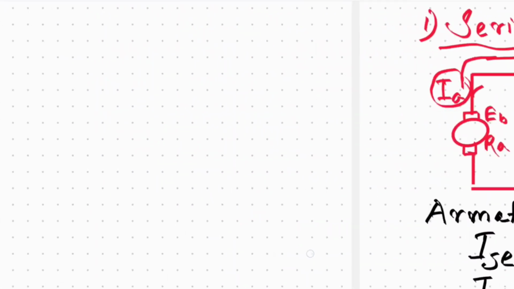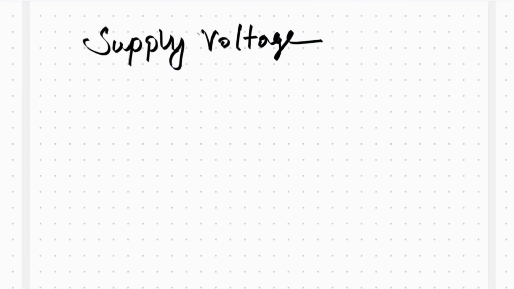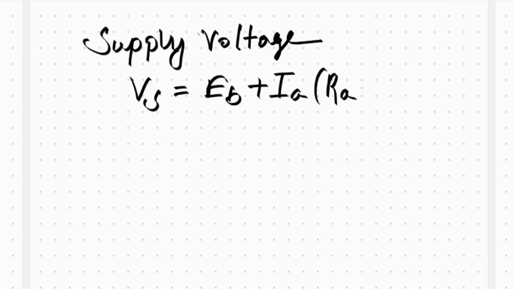Supply voltage VS is equal to EB plus IA times (RA plus RSE).